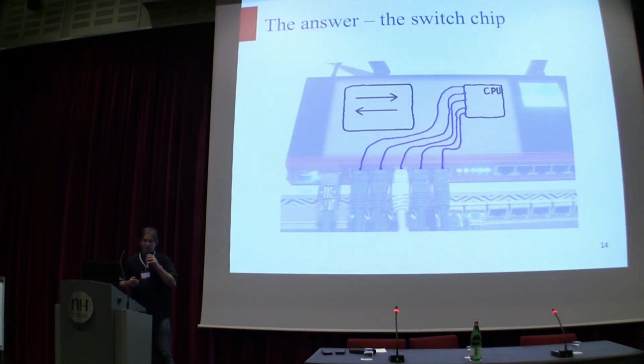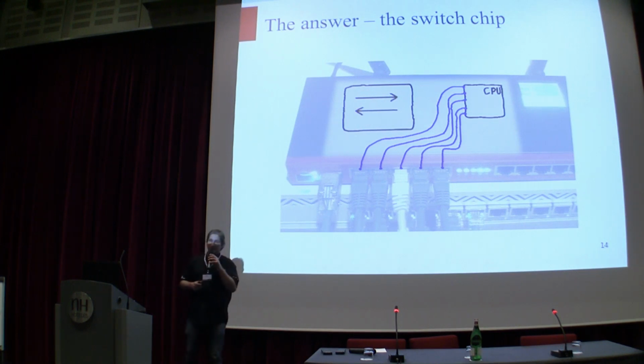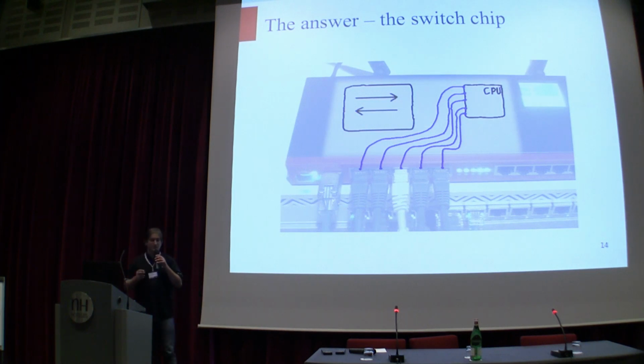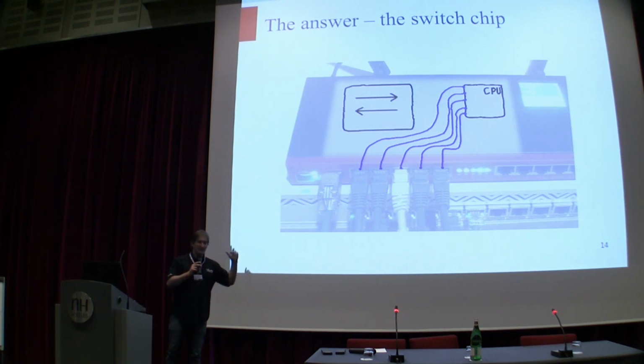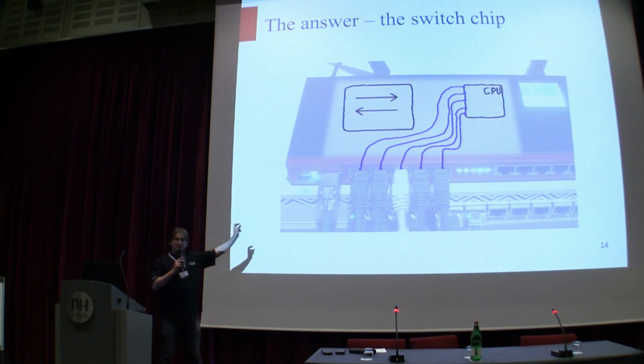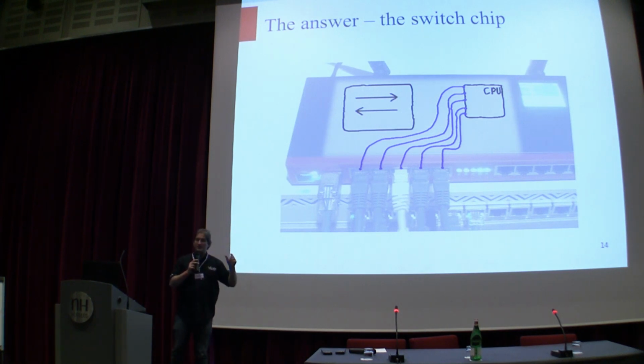So there is a solution, and it is called the switch chip. The switch chip is included in many new RouterBOARD devices. Almost every new RouterBOARD device that has multiple Ethernet ports, if they are 100 megabit or gigabit Ethernet ports, has the internal switching chipset that allows us to do the switching using the hardware, not the CPU.